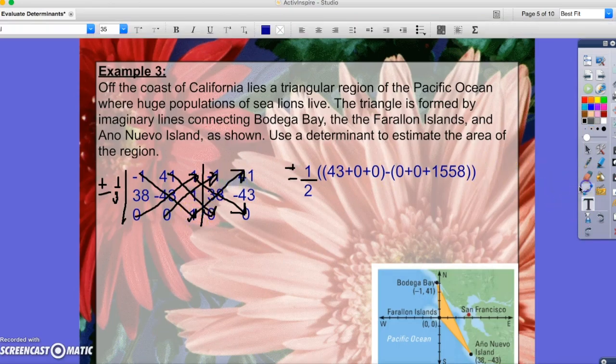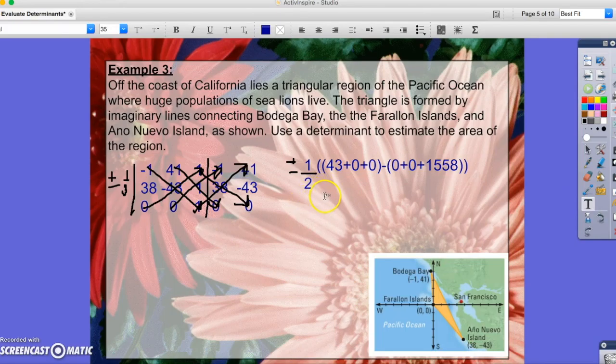So when we simplify with the 1/2, we get 43 in the first one minus 1515, with the 1/2.